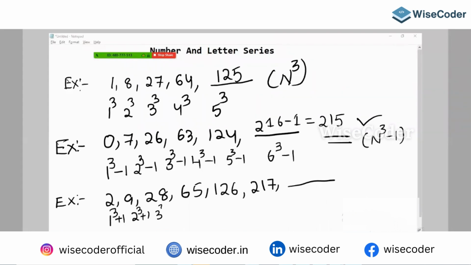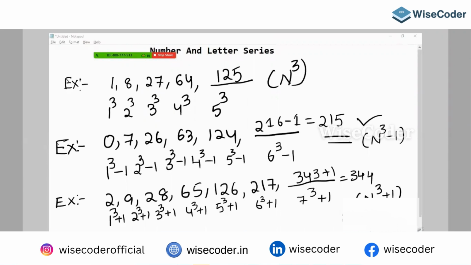Then 3 cube plus 1, 4 cube plus 1, 5 cube plus 1, 6 cube plus 1. So next must be 7 cube plus 1. 7 cube is 343, so plus 1, it's going to be 344.